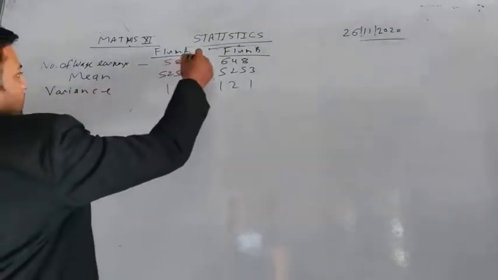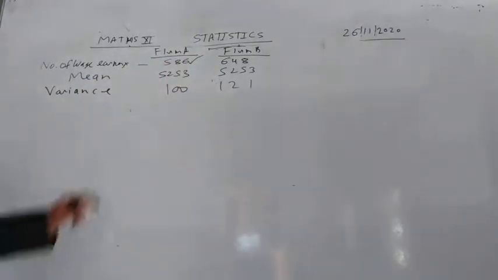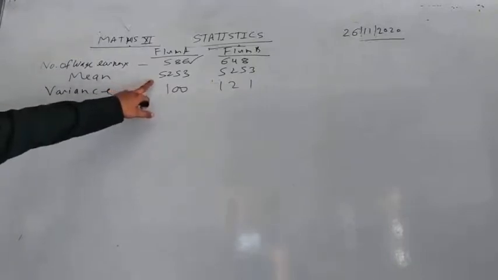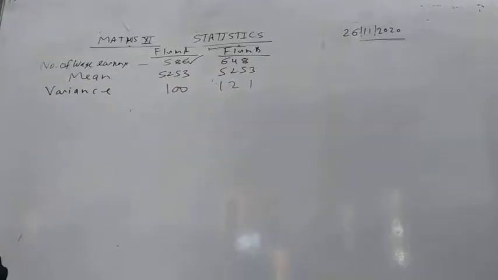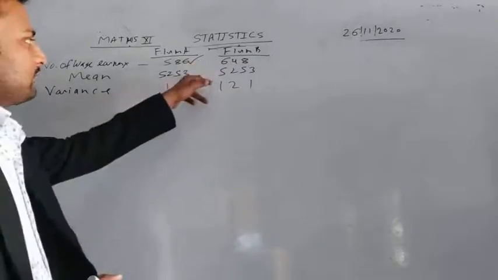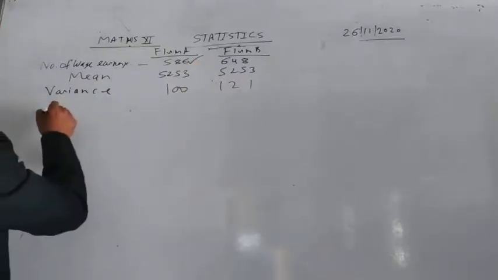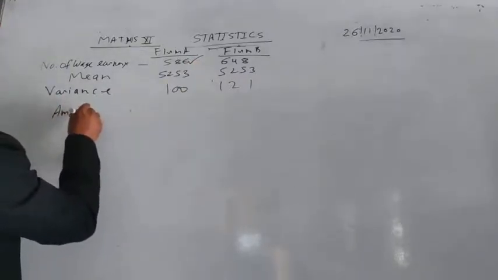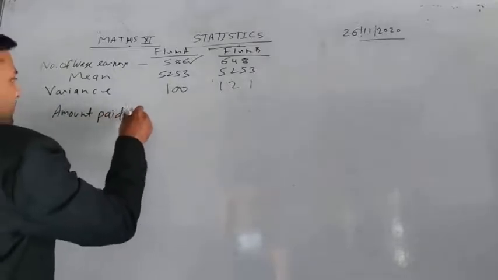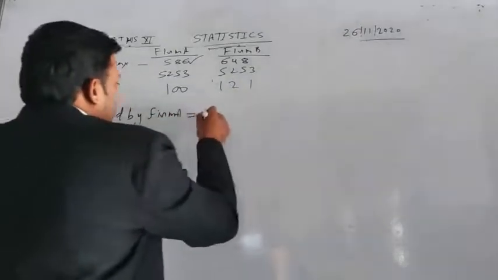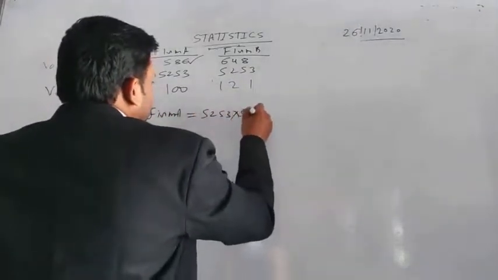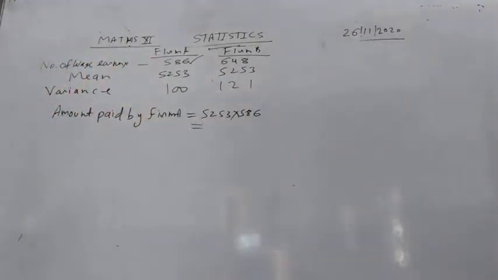The number of workers is this, and the average amount given for firm A is 5253 near about, and the variance is 100. So the amount paid by firm A will be this multiplied by this, 5253 into 586.